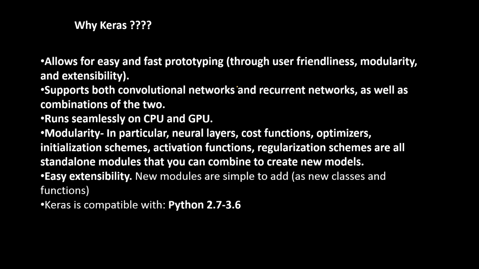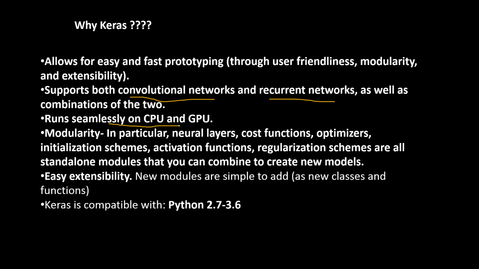And why is that? Because of the following qualities: it allows for easy and fast prototyping through features like user-friendliness, modularity, and extensibility. It supports both convolutional neural networks and recurrent neural networks, and even a combination of the two. For example, in the case of a VQA model or image captioning, you can combine both these models, and it runs seamlessly on both CPUs and GPUs.